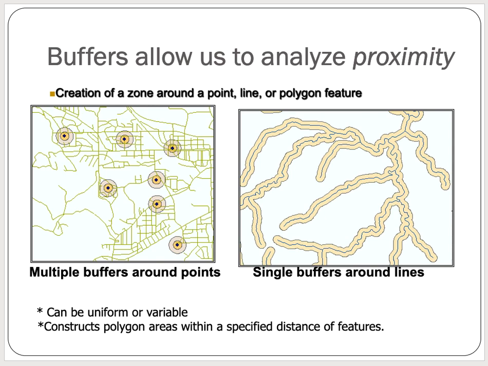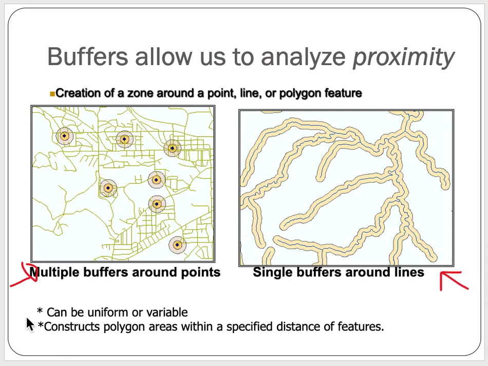The next geoprocessing tool is called buffers, and buffers allow us to analyze proximity. So you can create a buffer zone around a point, line, or polygon feature. In this example, we could see there are multiple buffers around points. And then we have single buffers around lines.